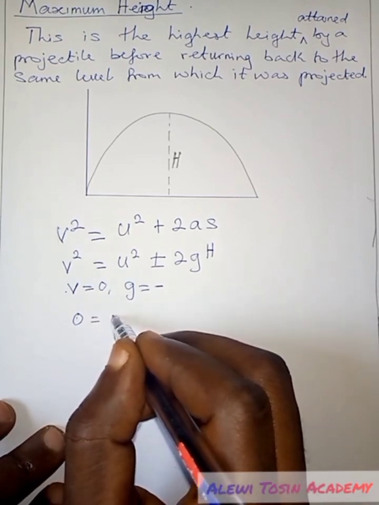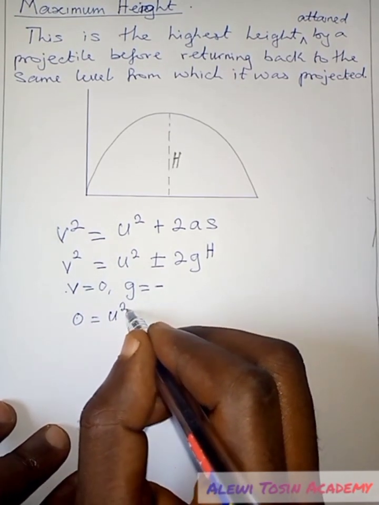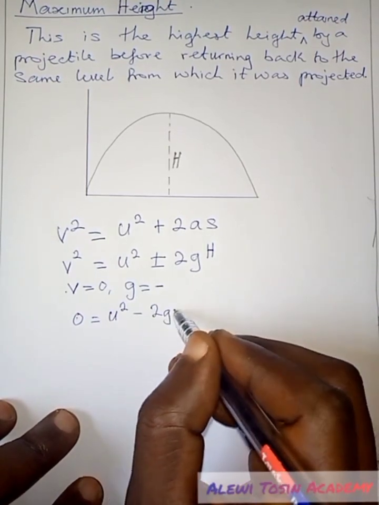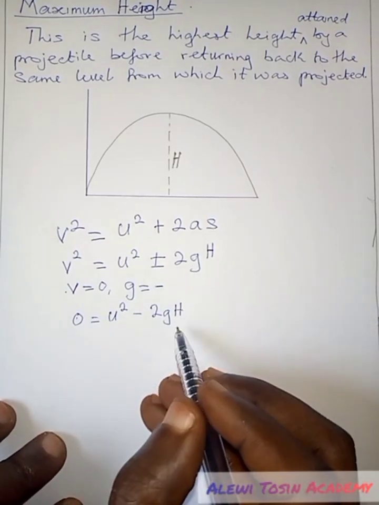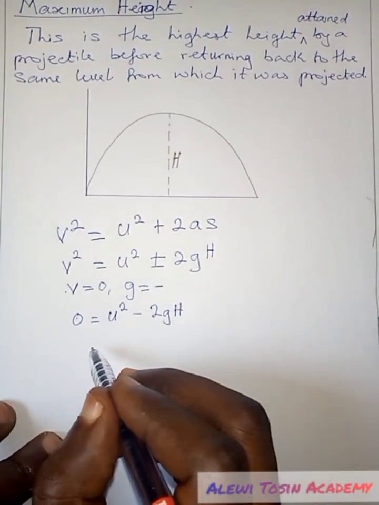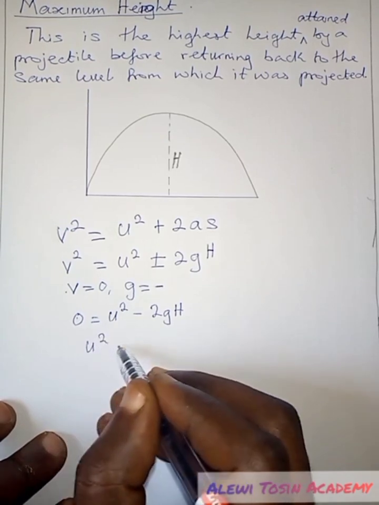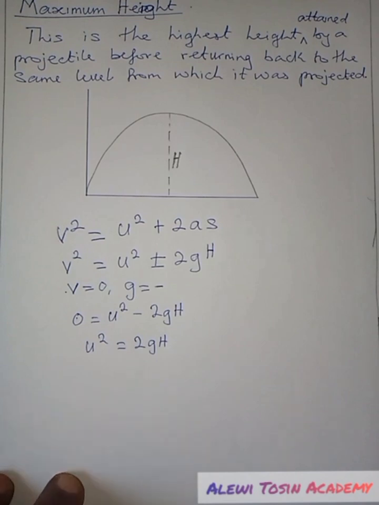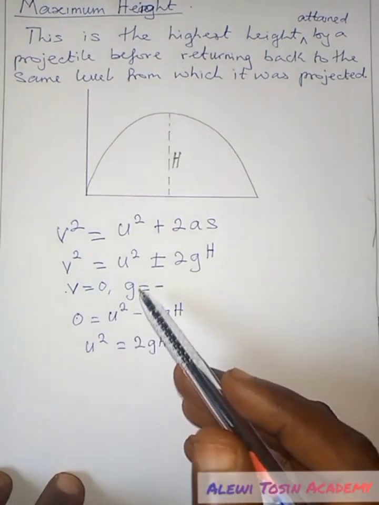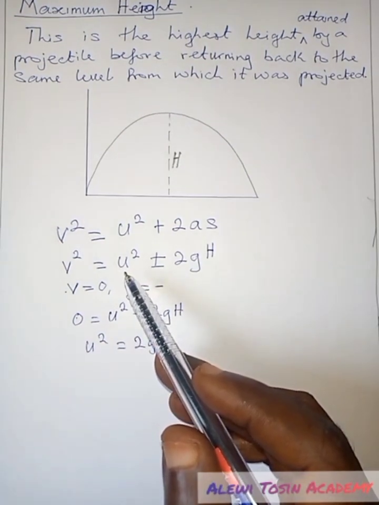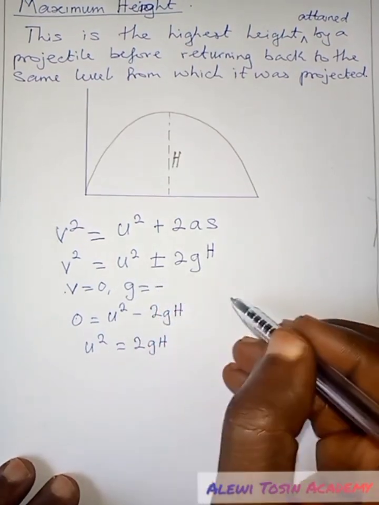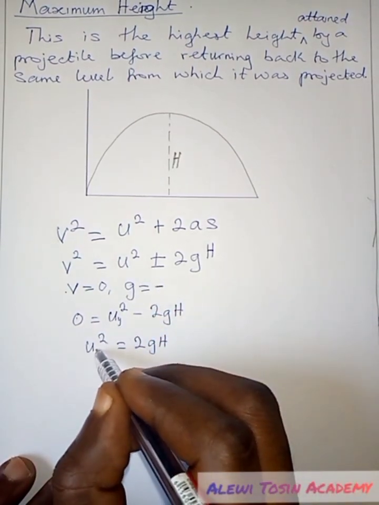u squared minus 2gh. Collecting like terms, bring this to this side, so it becomes u squared equals 2gh. Now note that our u is a vertical component, so the u we are using will be u_y.